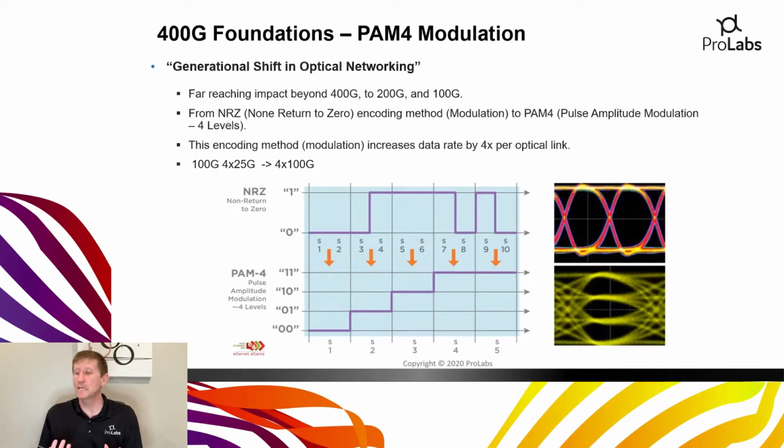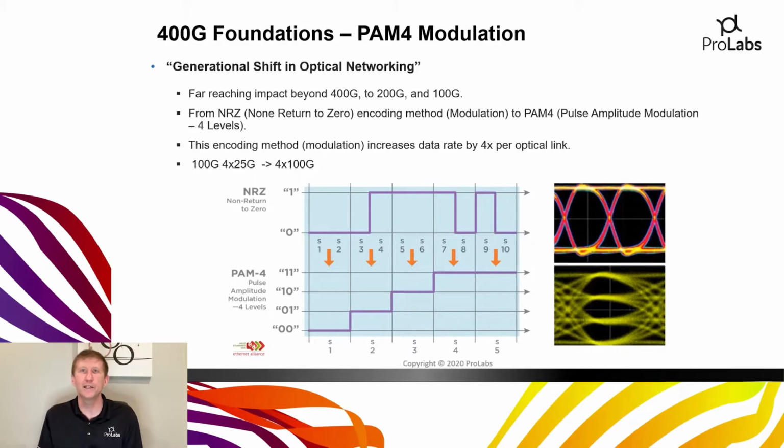So what does that mean? From non-return to zero encoding, so that's a one-step, if you will, encoding algorithm, where you're simply going up and down, to PAM4, which is a four-step, demonstrated here by the graph. And how this is manifested, if you will, is in the optical signal.